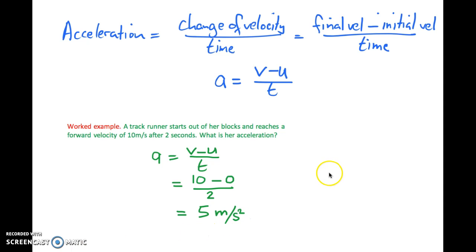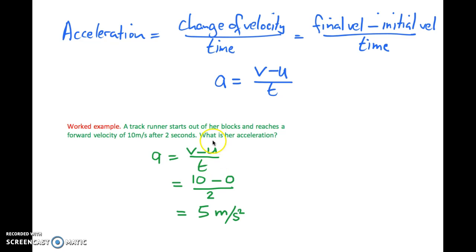A little tip on units. If you're not sure what the units are, have a look at units of things that you've used in your particular calculation. Okay, so you can see in our calculation for acceleration, we've used velocity, which was measured in meters per second, and we've used time, obviously in seconds.